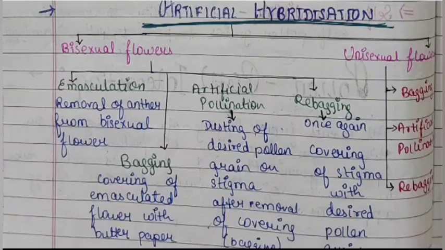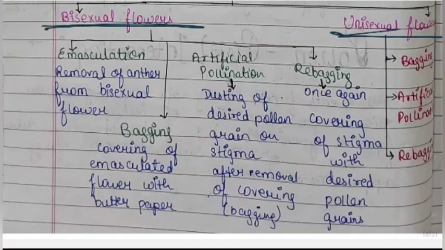Flowers are classified into two types, bisexual flowers and unisexual flowers. In bisexual flowers, the male part, that is the anther, has to be removed from the flower. This process is known as emasculation.